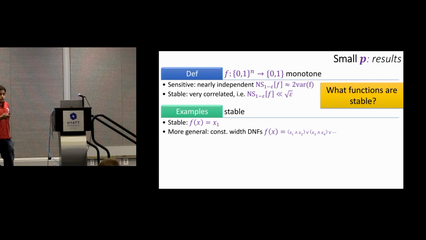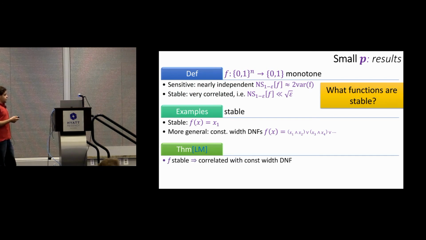So you are tempted to conjecture that maybe these are the only noise stable functions. This is indeed a plausible speculation, but we could not prove it. Instead, in this work, what we managed to prove is that if your function is noise stable, then at the very least, you are correlated with a constant width DNF. But this is not an if and only if. This is only a weaker structure.